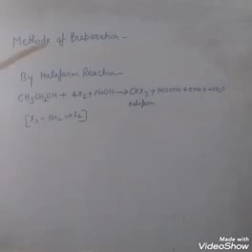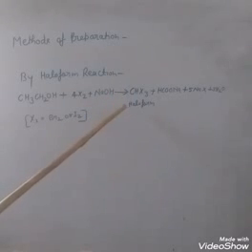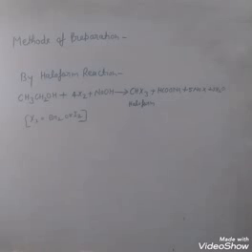Ethyl alcohol reacts with X2, where X2 is Br2 or I2, and NaOH, and it gives the haloform compound, and sodium formate is released. Let me discuss with the help of these reactions how to obtain bromoform.